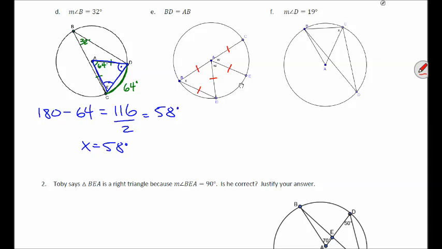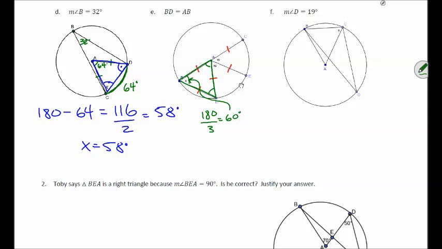So what I have right here, this green triangle, is an equilateral triangle. And we learned earlier in the year that equilateral triangles are also equiangular, meaning they all have the same measure. And 180 degrees divided by 3 is 60 degrees. That means that x must be equal to 60 degrees.